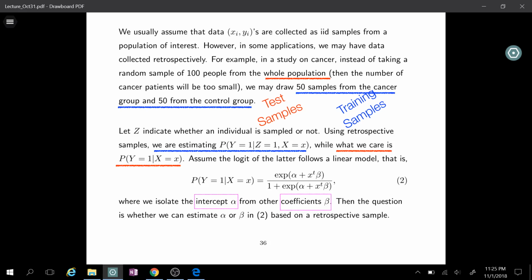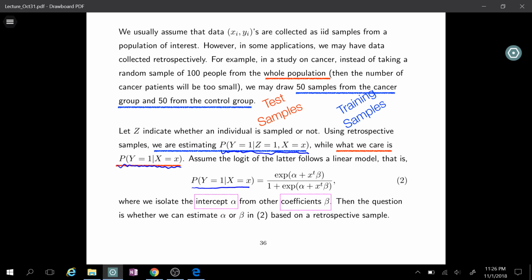When we are analyzing the retrospective samples and fitting a logistic regression model, what we are estimating is the probability of Y equal to 1 given Z equal to 1, meaning you are sampled, and also the feature X. But what we really want to learn is the probability of Y equal to 1 just given X. There's no Z. So let's assume the probability we really want to learn can be characterized by a logistic regression model, meaning this probability is equal to this sigmoid function involving intercept alpha and coefficients beta.